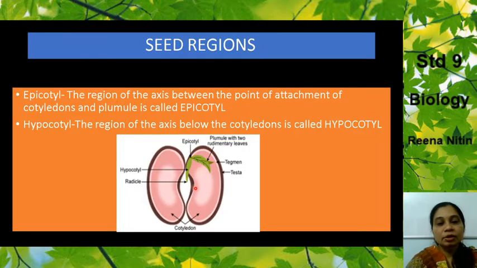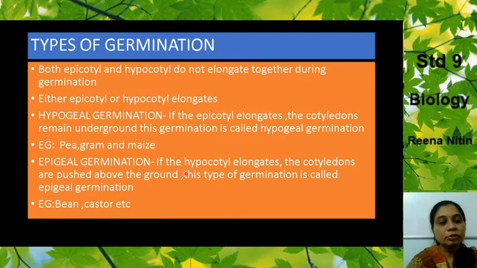So when this part elongates first, it is hypogeal germination. When this part elongates, it is epigeal germination. The examples of epigeal germination are bean and castor, etc.